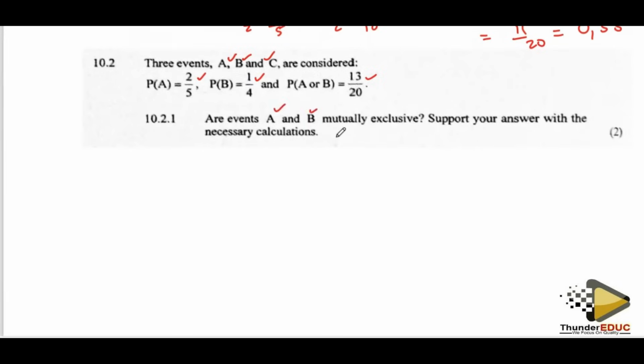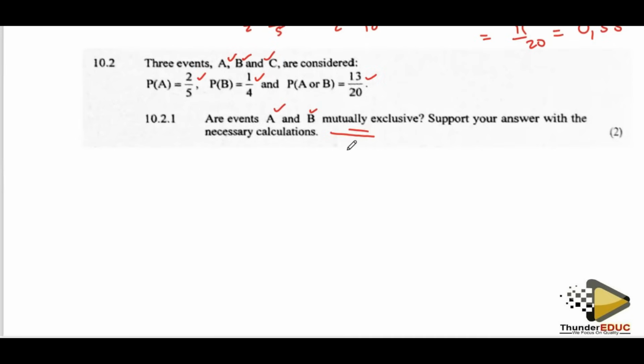So, mutually exclusive events are basically events that cannot happen at the same time. In other words, they do not influence each other. In other words, there is no common ground between the events.